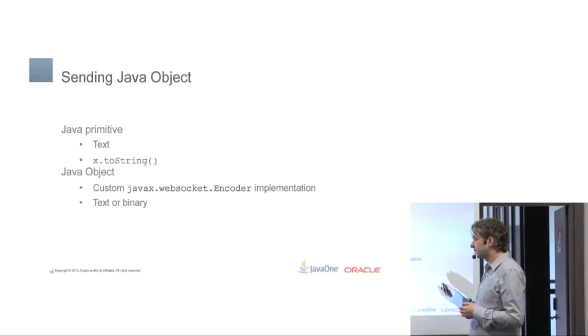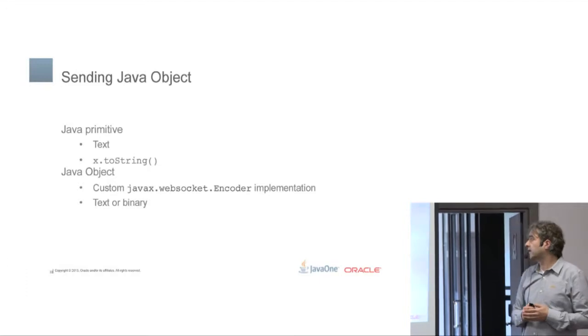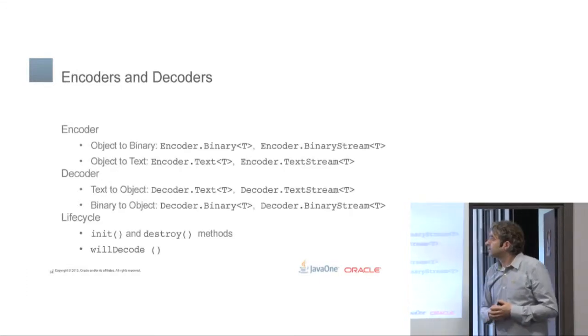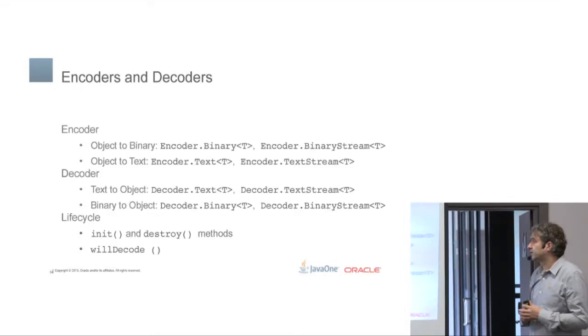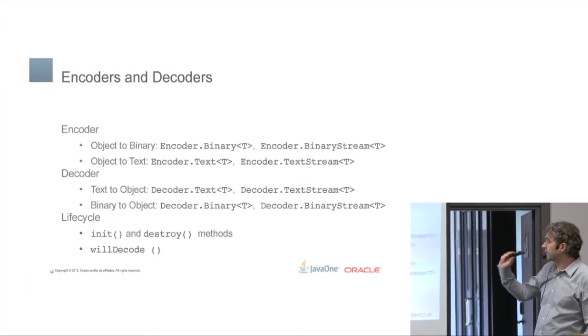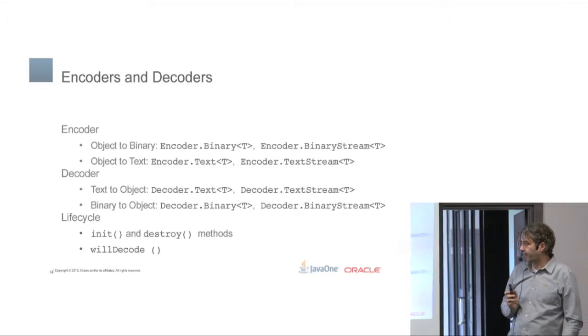So encoders and decoders are important, and they work over text or binary payload, and it's you who decides which one to use. So the different signatures of encoders and decoders: we can encode binary, we can encode text, we can decode text, and we can obviously decode binary.